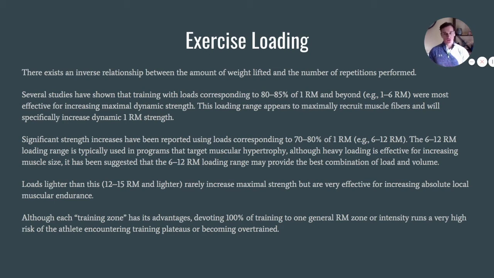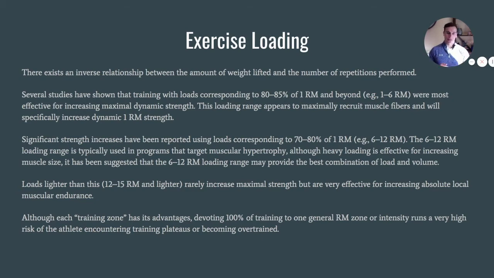Okay, as well as that, significant strength increases have been reported using loads corresponding to 70 to 80% 1 rep max. All right, but obviously the rep range has to match that. Okay, so 6 to 12 rep max range, which is typically where you're going to be in that 70 to 80% window, is typically used more for muscular hypertrophy.